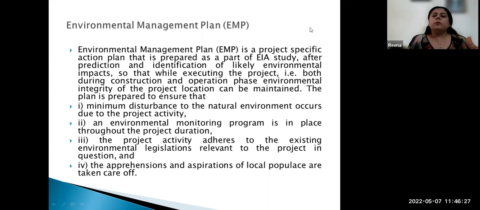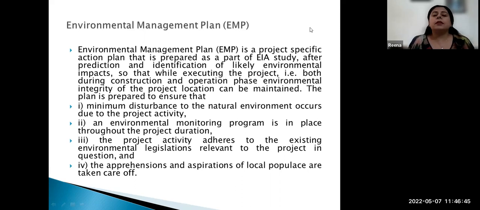So there should be minimum disturbance to the natural environment due to the project activity and the environment monitoring program. For example, in several projects, there is regular monitoring every quarter, for ADB and World Bank projects also.